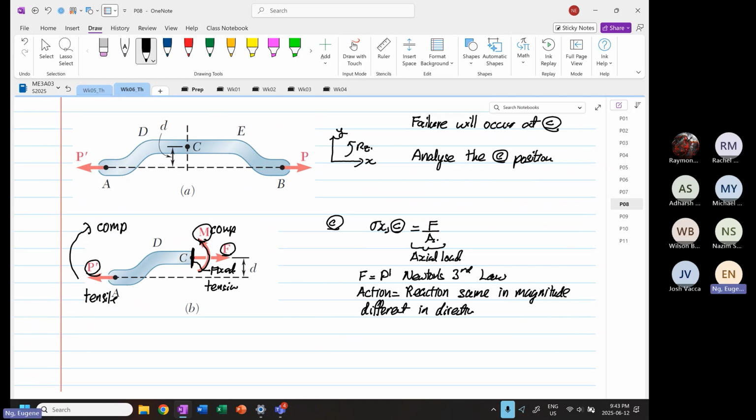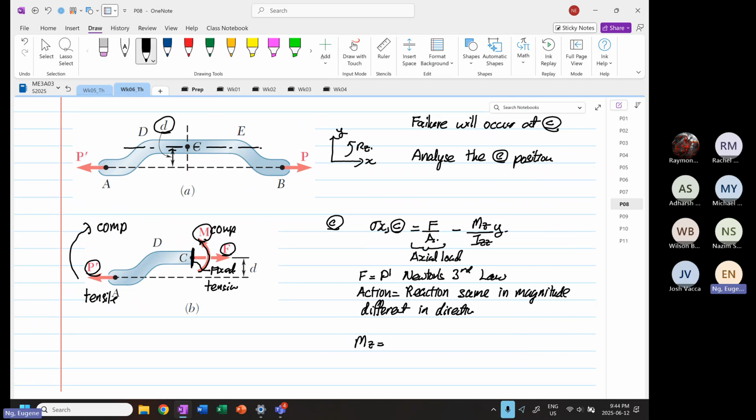So, how are we going to calculate the moment about the P? Over here we are going to put minus Mz over Izz multiplied by y, where Mz is equal to what? Over here, you can see the distance from here to here, they label it as the distance d.